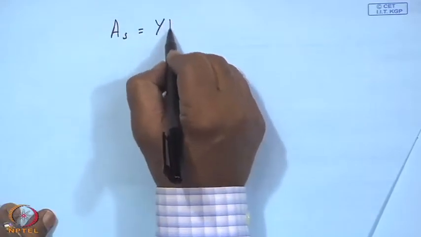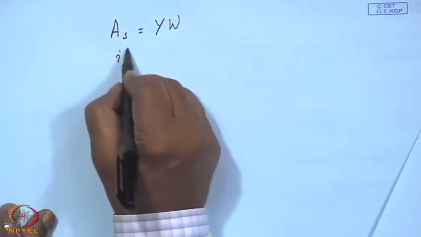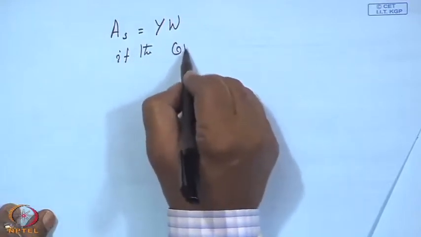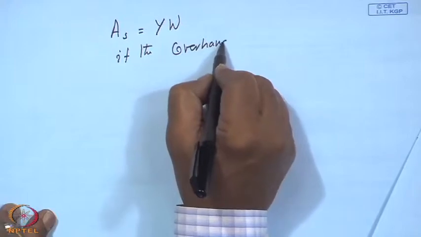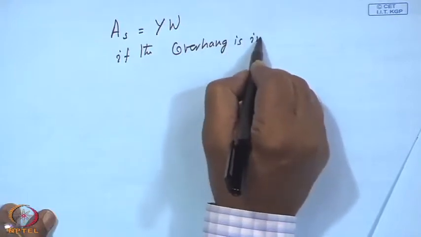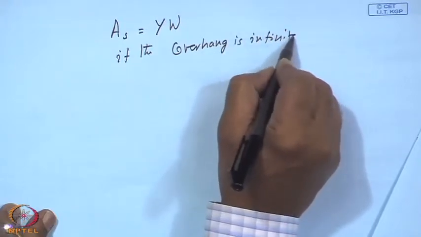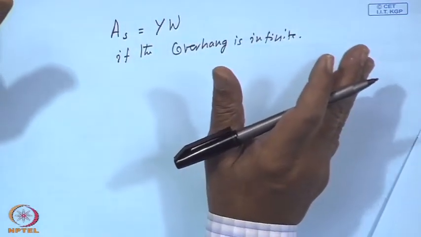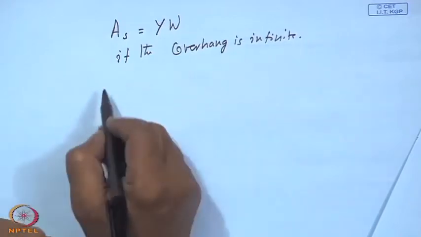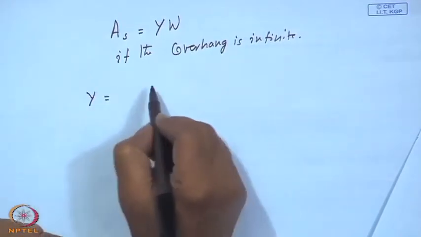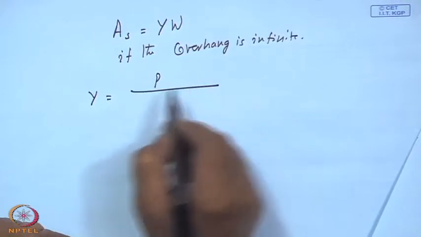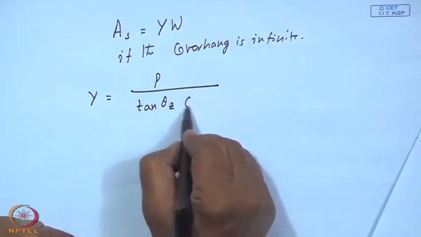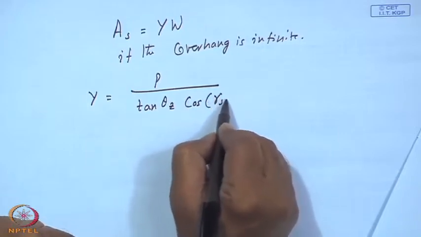A S will be y into W if the overhang is infinite. So, it is a rectangle no matter how much more than the width of the window it is going to have, and you can write y will be equal to the projection P upon tan theta z cos of gamma s minus gamma.